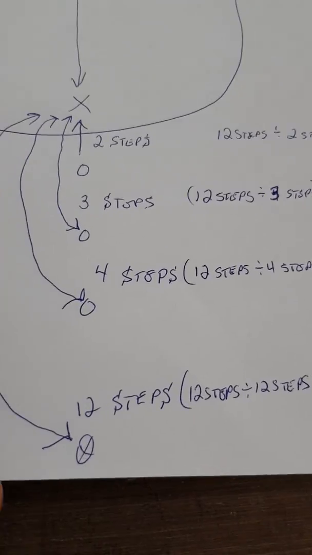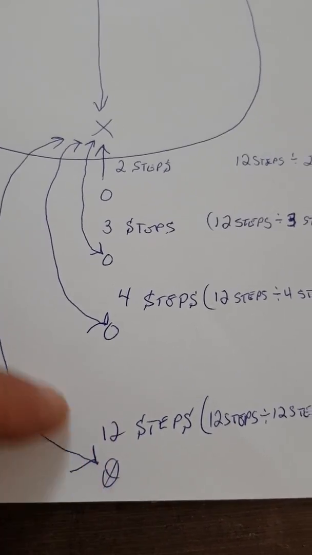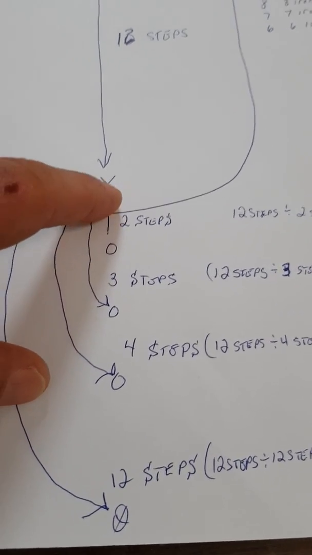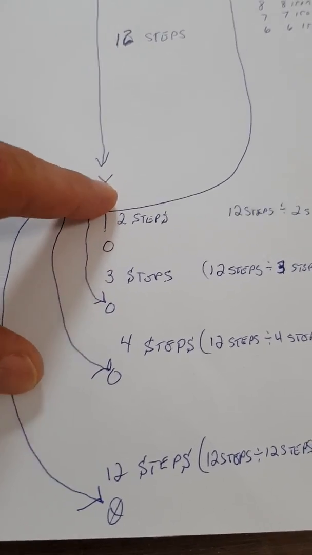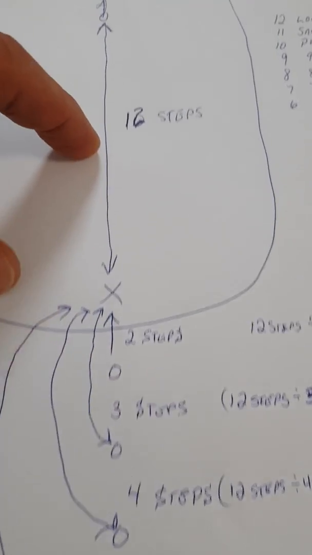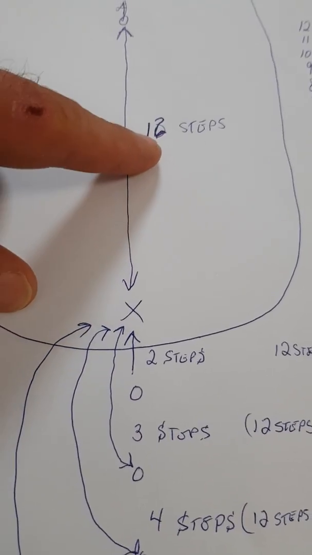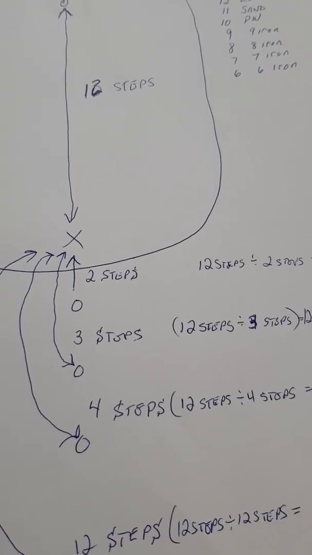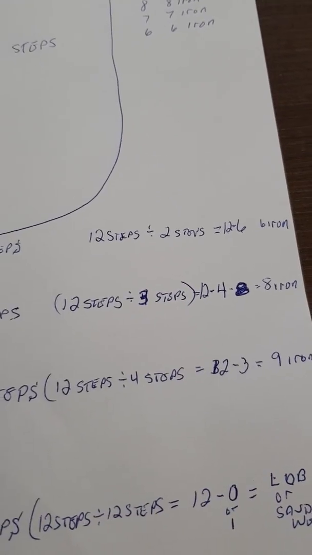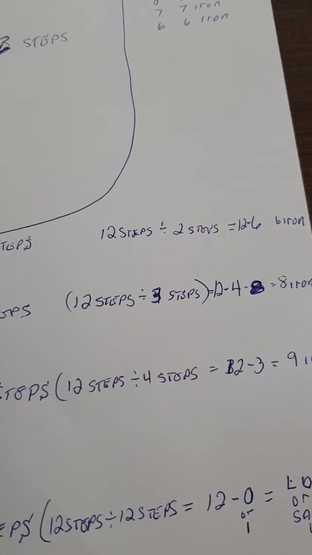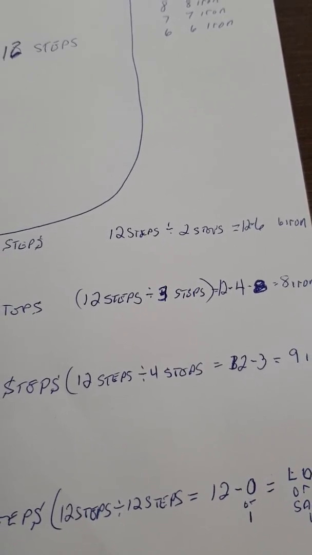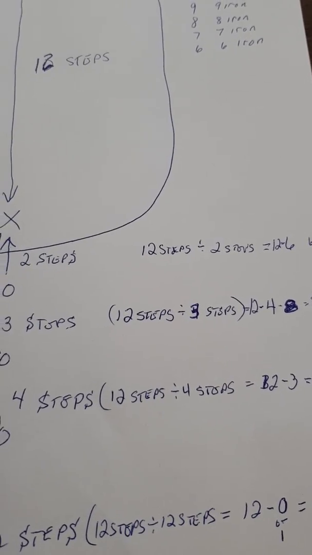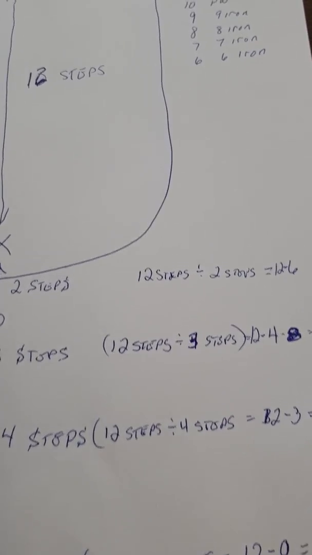All right, the last one, let's say it's 12 steps from the point of your shot to the target landing zone. And then it's another 12 steps from there to the flag. So 12 divided by 12 equals 1. It doesn't always equal 1. It's 1 or 0. And you'll make your choice depending on whether you need a little extra rollout or you want a little check.